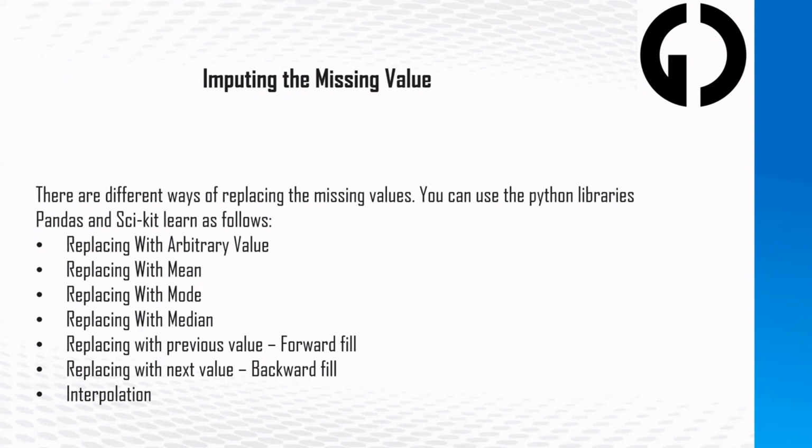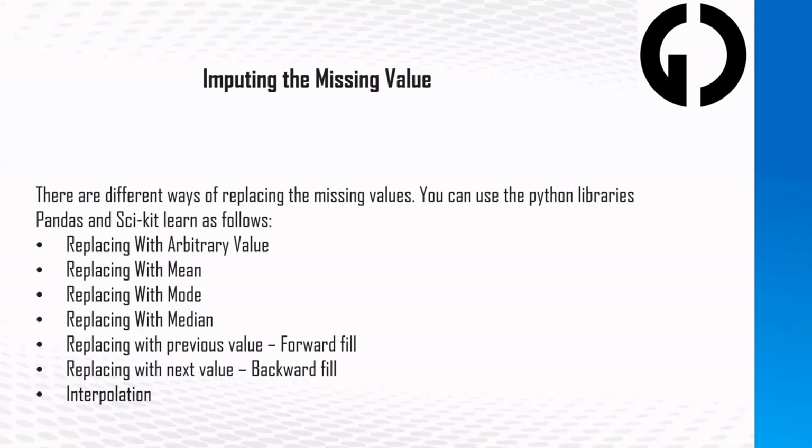This is called forward fill. It is mostly used in time series data. Here we can also use the fillna method with the parameter method equal to ffill. And there is another method to replace the missing value, replacing with the next value, like backward fill.